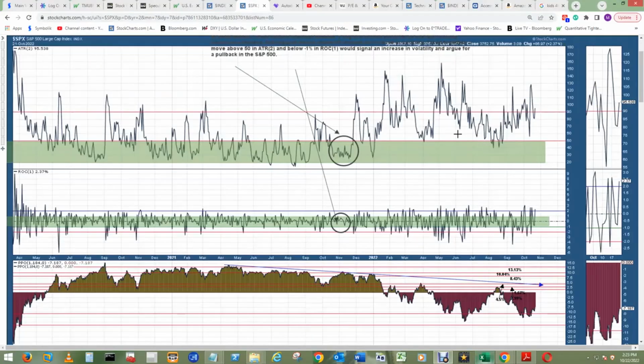And let's take a look at the ROC1, ATR2, and PPO Extreme chart. And you can see the volatility, euphoric state, pain, euphoria, pain, euphoria.